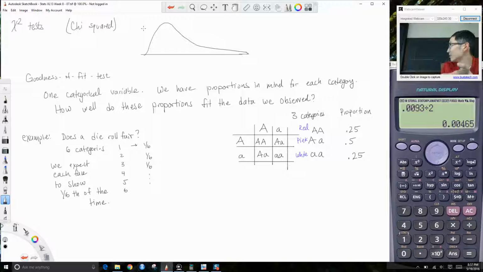So let's say this is the genetic model. Under the genetic model, you're expecting these proportions to show, and then you go out and collect a random sample of flowers, and see how well our flowers actually fit this genetic model. So this is the hypothesized genetic model, and then we gather data.